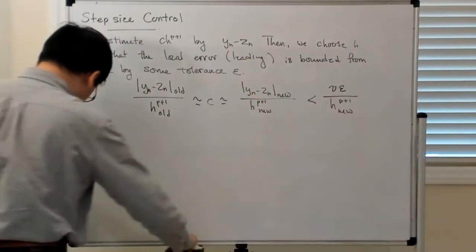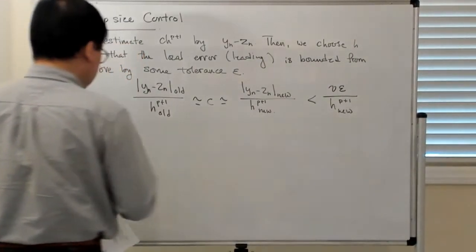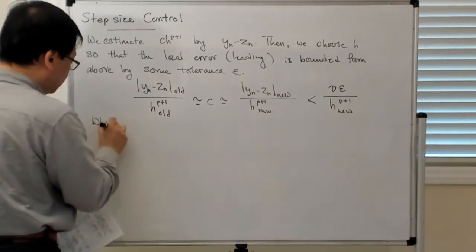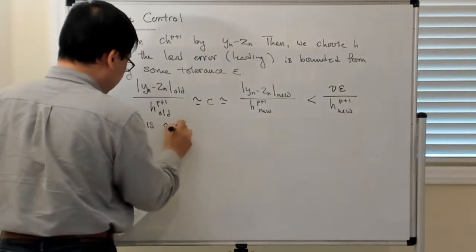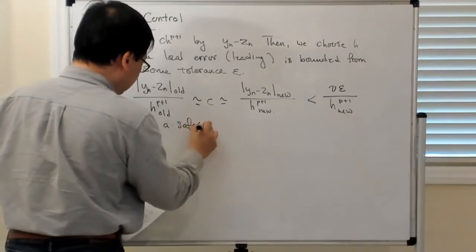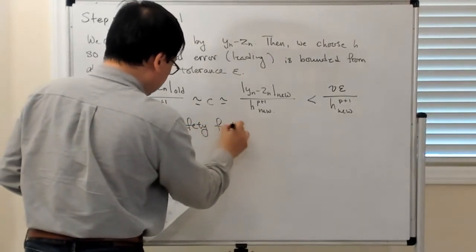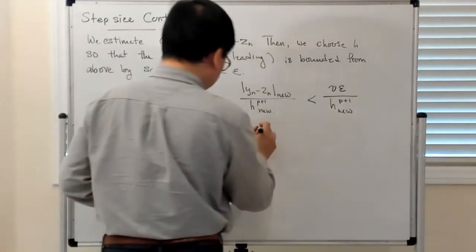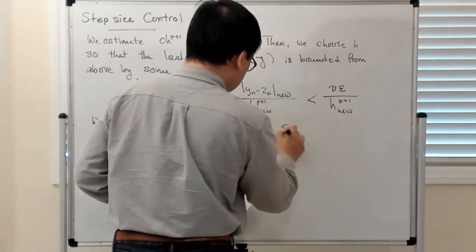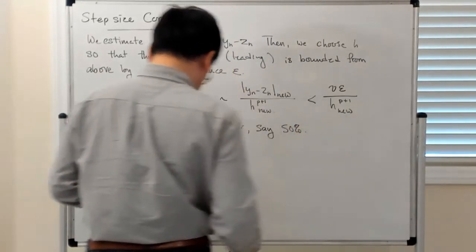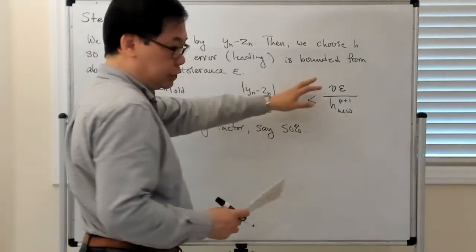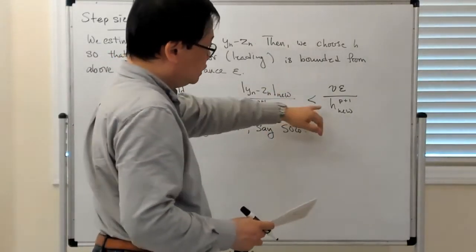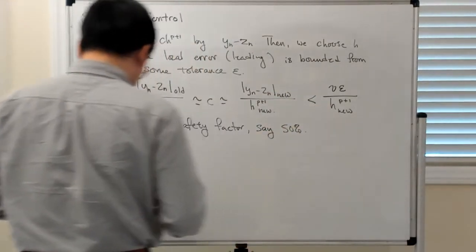Where nu is a safety factor, say 50%, which allows us to tune this thing here.